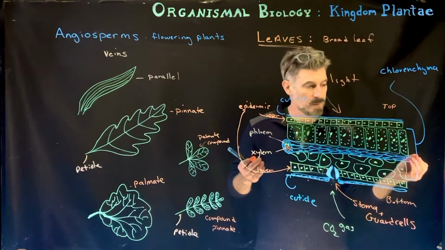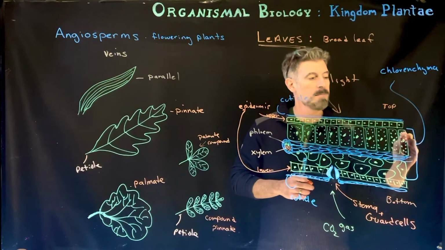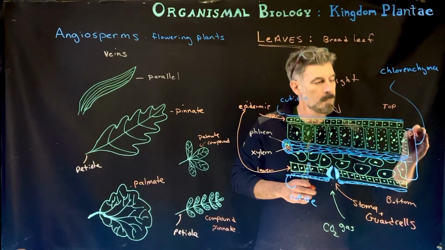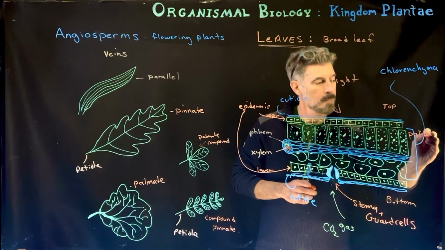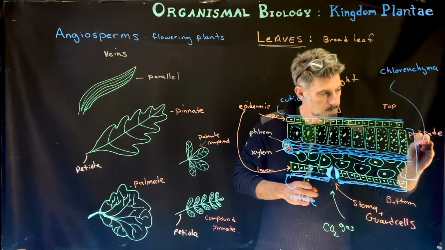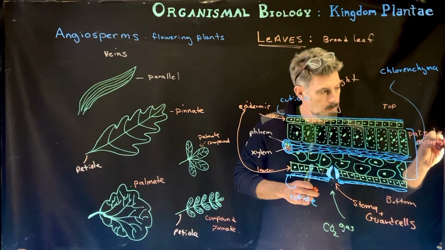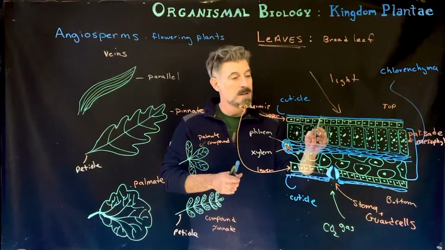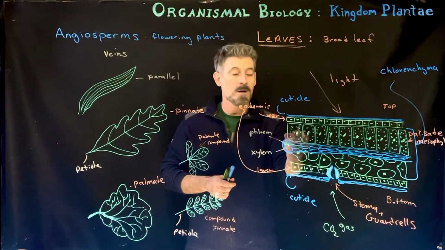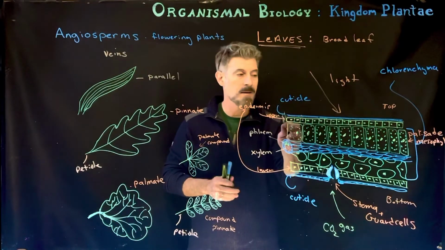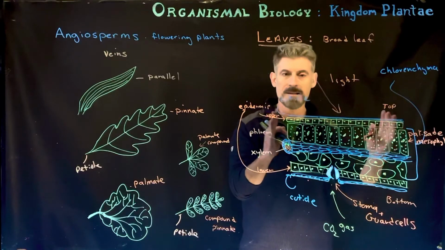I'm trying to find a better place to put this, well, I'll just write it here, the Palisade Mesophyll. The Palisade Mesophyll is the tissue that has a large density of chloroplasts, both in the cells, and the cells themselves are very densely packed together.